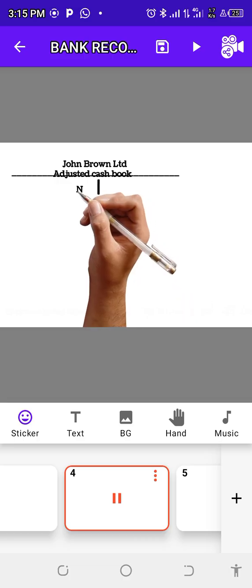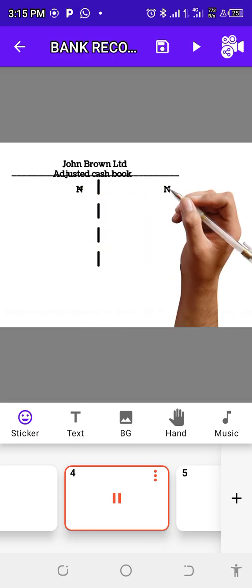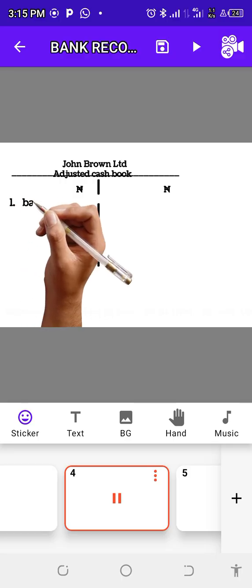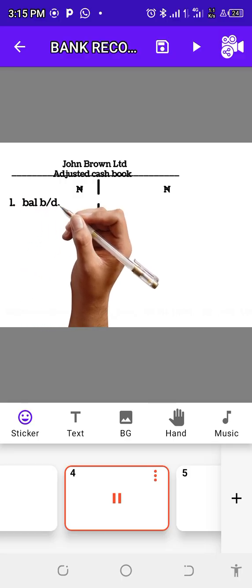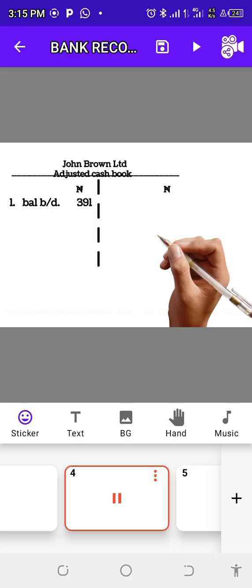Now we have the cash book balance, which is 391. That is the balance from the cash book. Now what we need to bring here are the direct credits. The direct credit, building society, we bring it here.